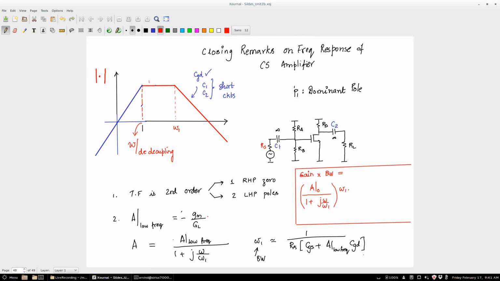If I call it A0 for A low frequency, it will be A0 divided by 1 plus j omega by omega 1. Omega 1 is your bandwidth, is that right? And now this omega 1 itself is this whole thing. So can you simplify this? Just put in the low frequency gain at the bottom also and simplify it a little bit.